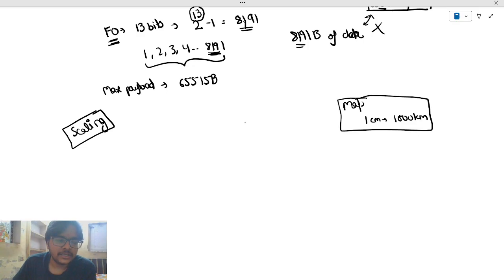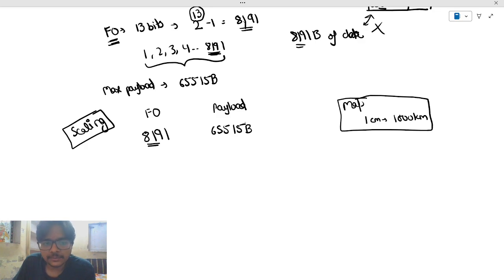Similarly here, the maximum number that I can mention in the fragment offset field is 8191, and the maximum payload that can go in the fragment is 65515. So if I mention 8191 in the fragment offset, that doesn't mean 8191 bytes of data have been sent, but it means 65515 bytes of data have been sent.